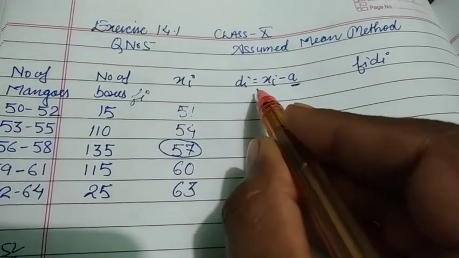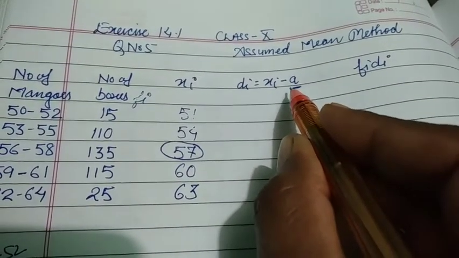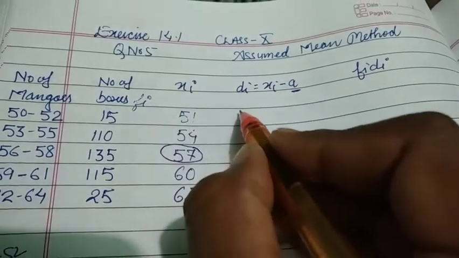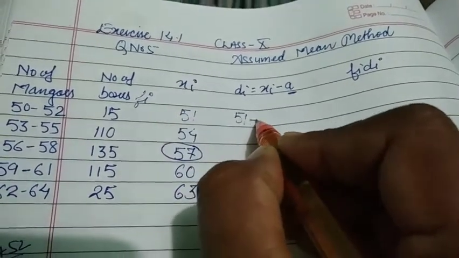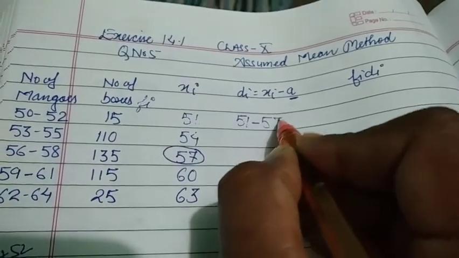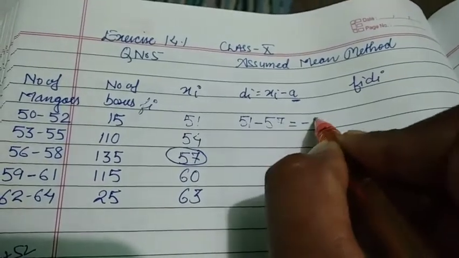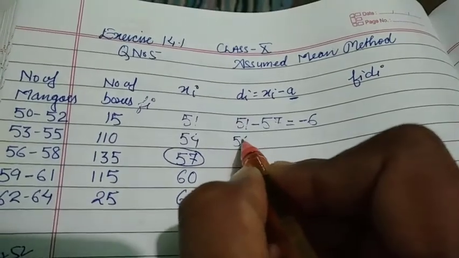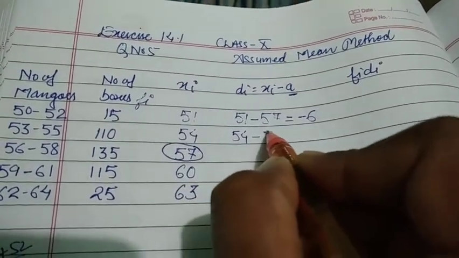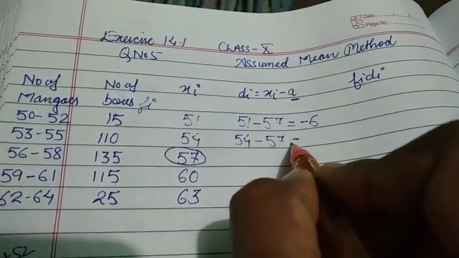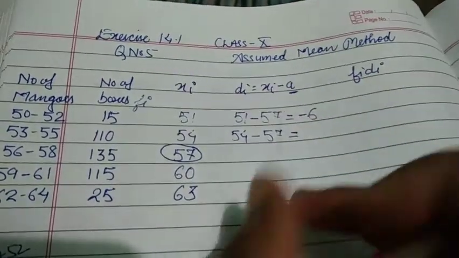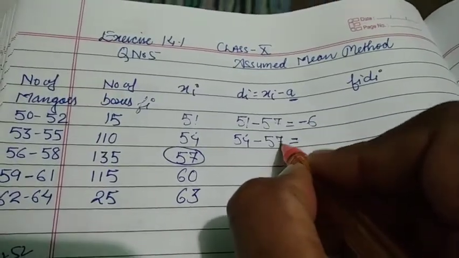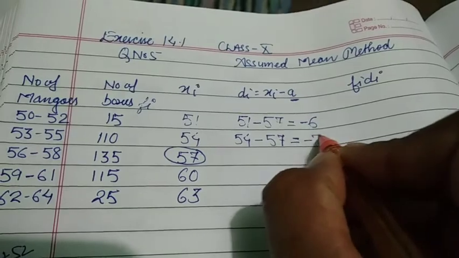Now we are finding di, and how will we find this? Xi minus a. Xi for this class is 51 and the assumed mean is 57. So 51 minus 57, you'll get minus 6. Similarly, here the Xi is 54 minus assumed mean 57. The assumed mean will remain the same throughout this column. So you'll get minus 3.